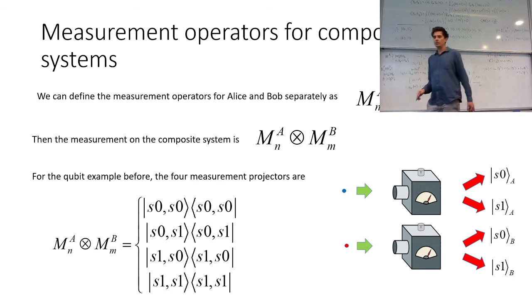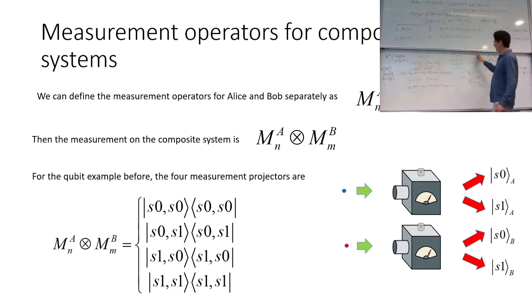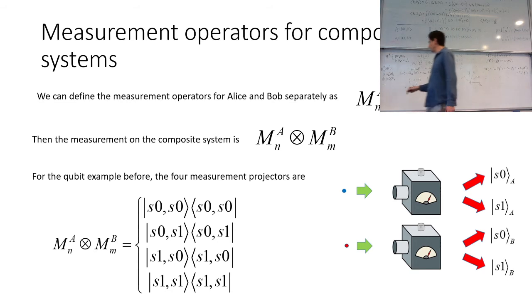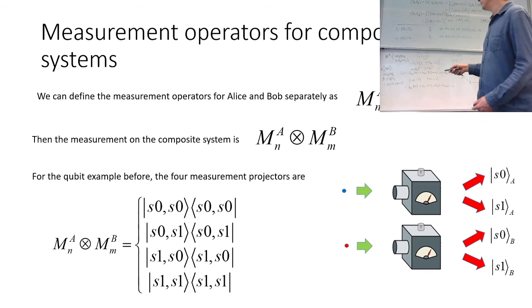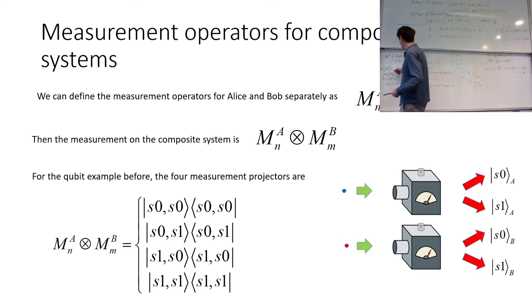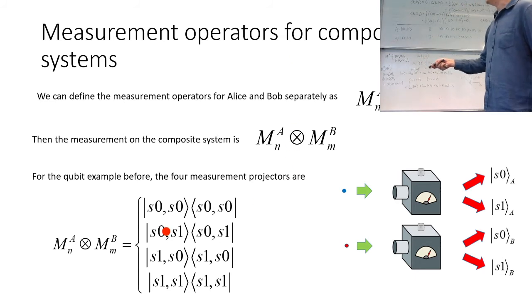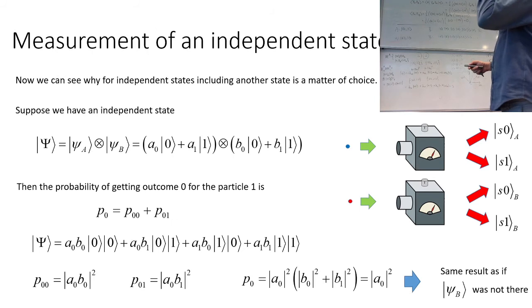Or in my usual more compact notation, where I write it together, I just write it as S0, S1, S0, S1. Oh sorry, I think what I just did there was actually the second one here.